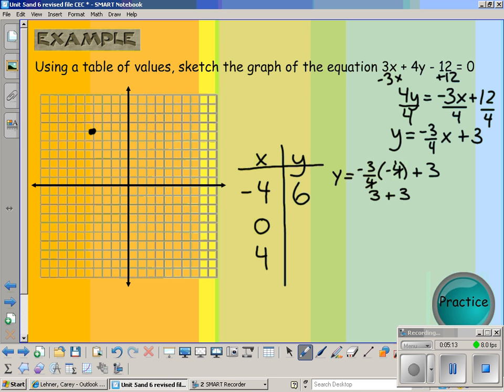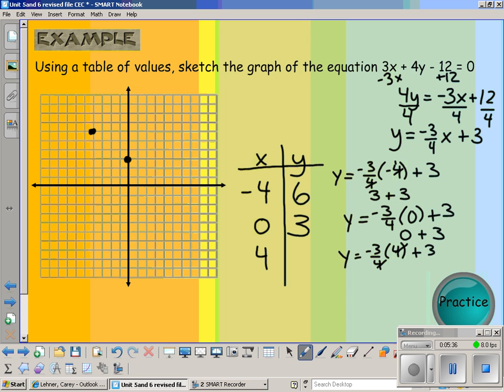We will repeat this process with 0. So negative 3/4 times 0, and anything times 0 is just 0. So 0 plus 3 is 3. So when x is 0, y is 3. And now we repeat the process with positive 4.